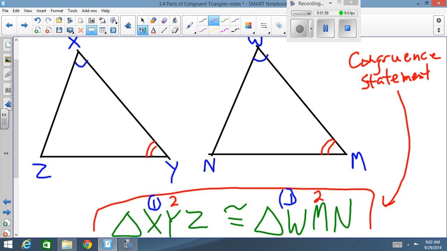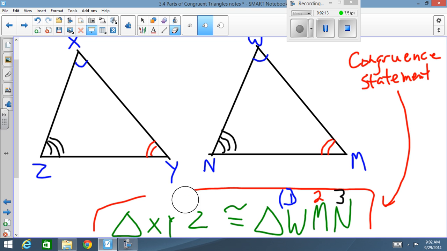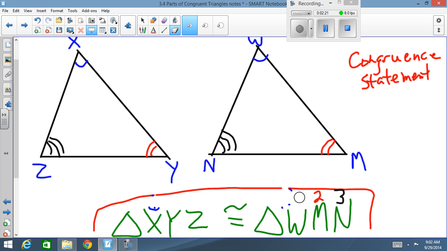Remember, that's what congruent means, same size, same shape. And then Z and N are the same size, same shape. And we know that based on the statement, not based on the picture. All right. So that's one thing the congruent statement gives us. It tells us which angles are congruent.